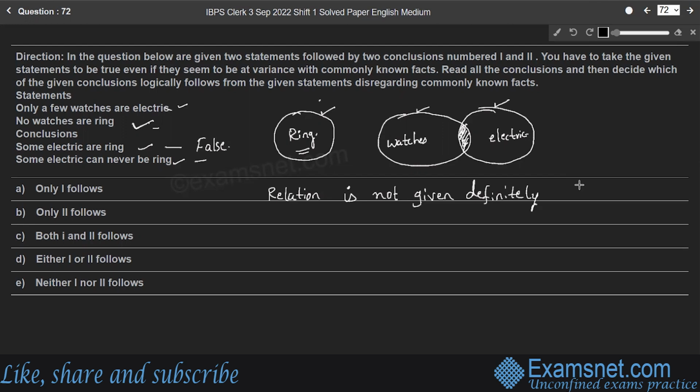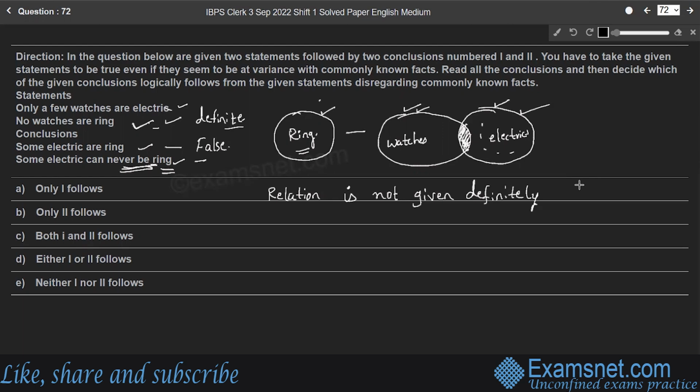And the second conclusion, some electric can never be ring. The non-shaded portion of electric can be ring, whereas the shaded portion of electric can never be ring, because by the statement, no watches are ring. It is a definite statement, right?